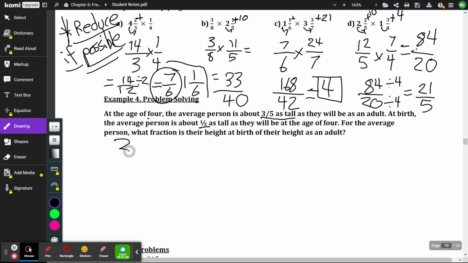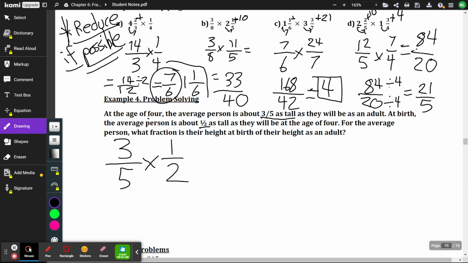So I'm 3/5 as tall as I will be as an adult at 4, and at birth, I'm 1/2 as tall as I will be when I am 4. So 3/5 times 1/2.